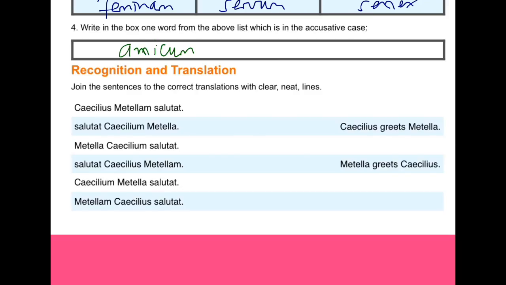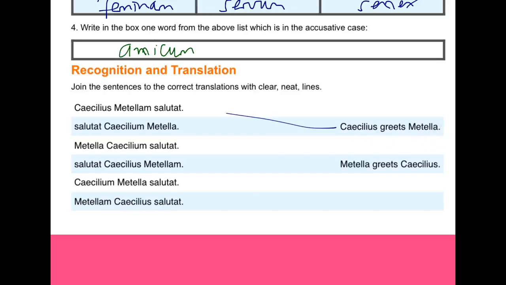And the final section is a throwback to stage 2, when you've got to work out which one is subject and object, which one is nominative and accusative, who's doing what to whom. Okay, so let's work it out. You remember that the M on the end is the accusative, and that's the person having the greeting here done to them. So the M ones are being greeted. So this one here, Metella's being greeted, so she should have the M on the end.